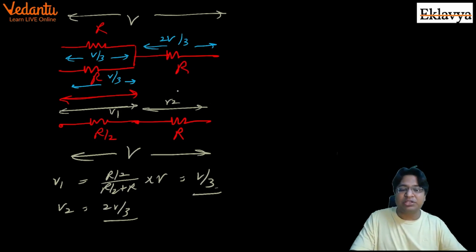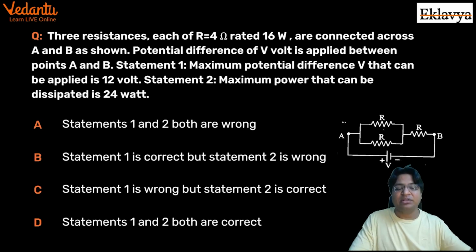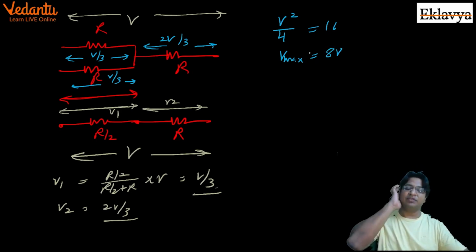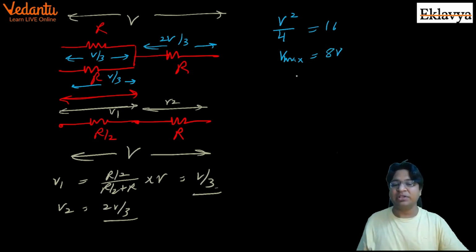Now how much potential can it tolerate? That is given here. The resistance is 4 ohm and they are rated at 16 watt. So if I apply a potential of V, V square by R equal to 16. So the maximum potential that they can tolerate is 8 volt. V square is 64. So maximum they can tolerate is 8.